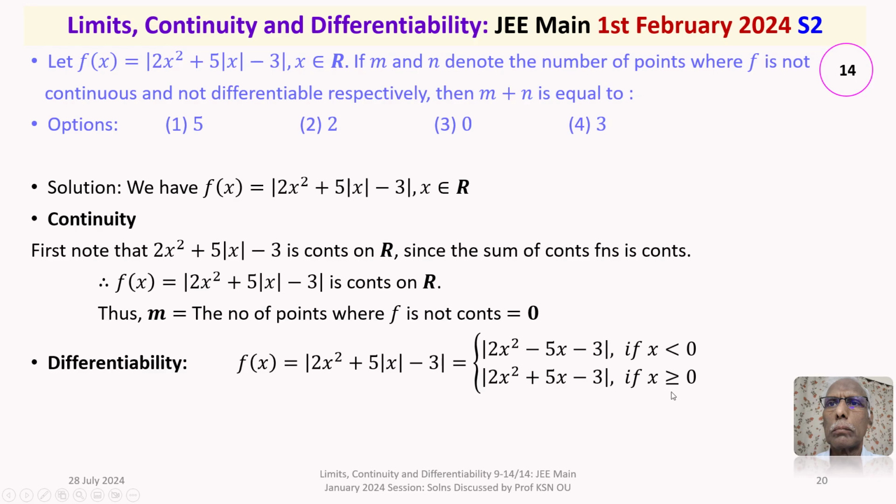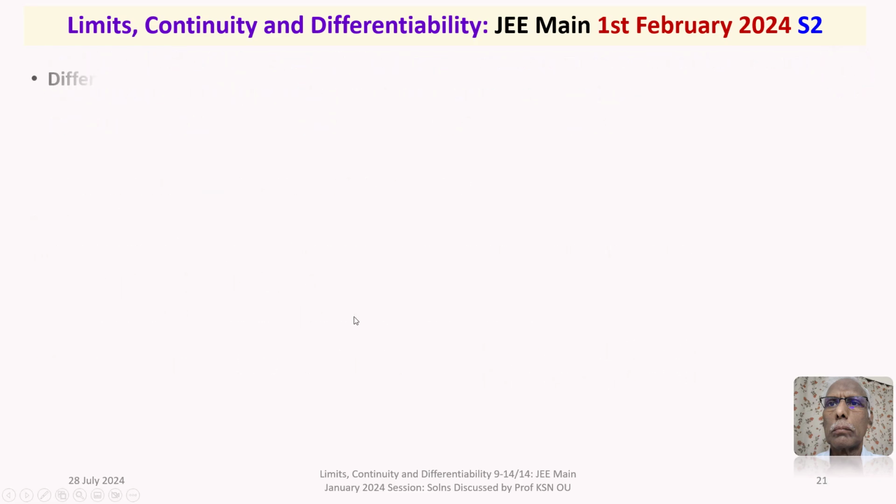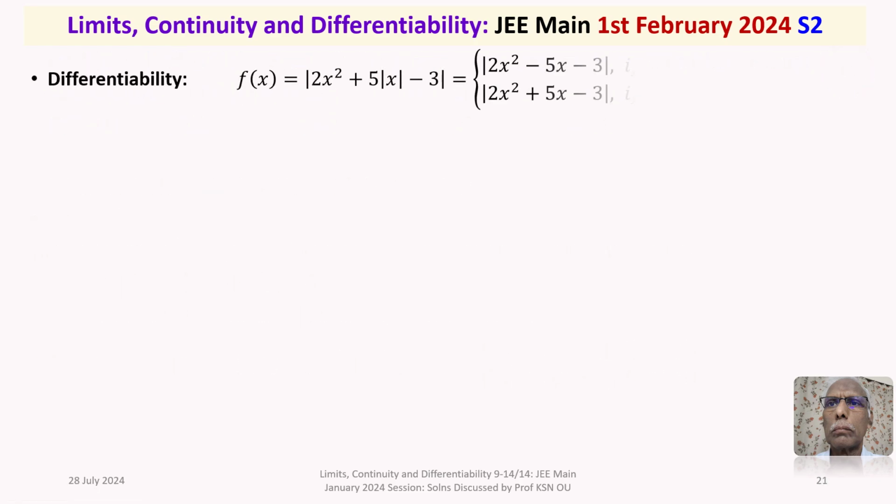When x is greater than or equal to 0, mod x is plus x. So it will be mod of 2x square minus 5x minus 3 when x is negative, and mod of 2x square plus 5x minus 3 when x is greater than or equal to 0. We continue in the next slide. Right, that's what we have.